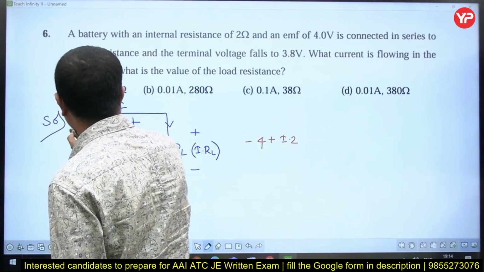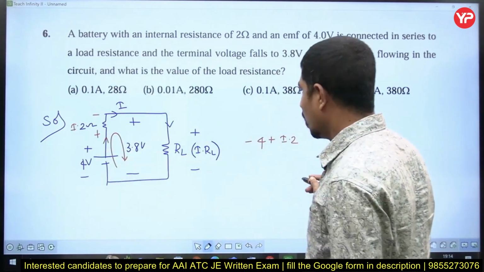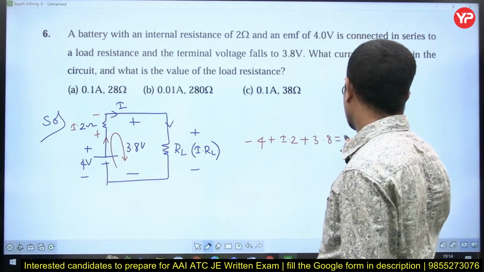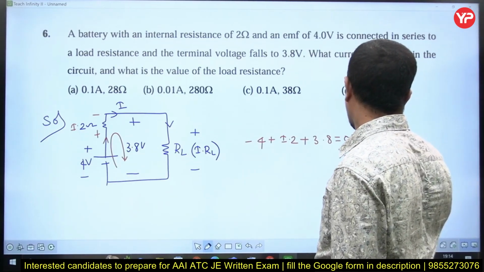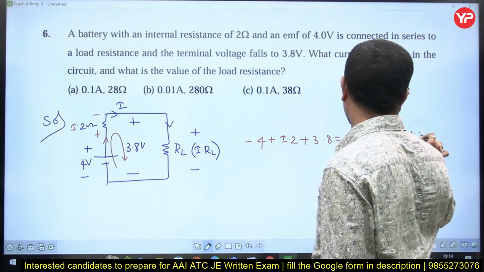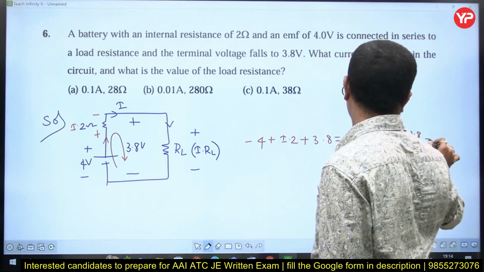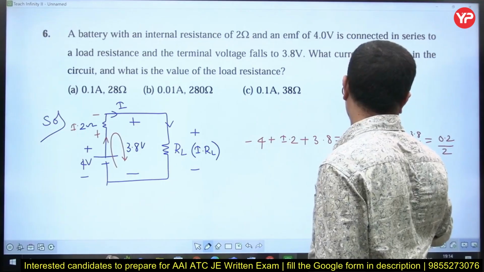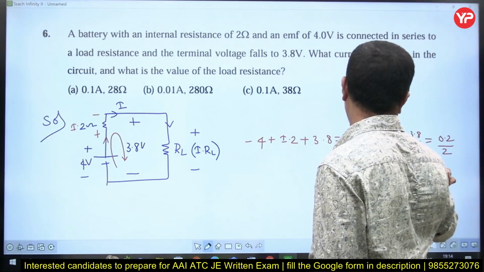So minus 4 plus I into 2 plus 3.8 is equal to 0. So from this, I is equal to 4 minus 3.8 divided by 2. How much is it? 0.2 divided by 2, that is equal to 0.1 ampere.